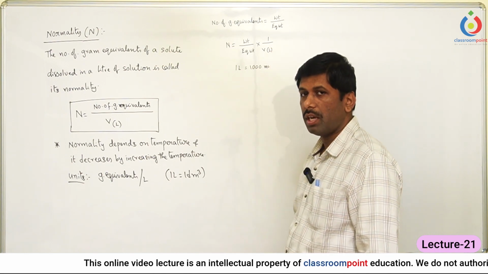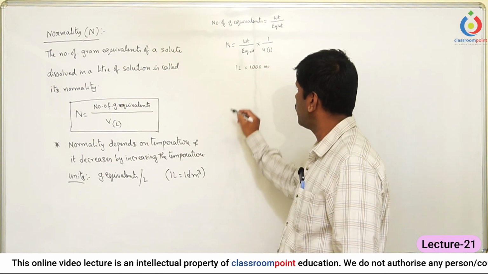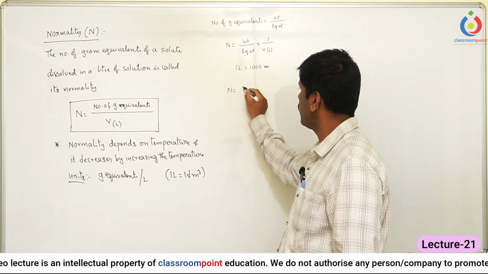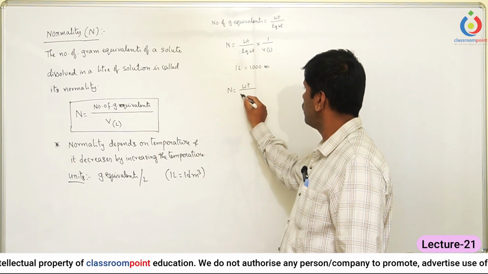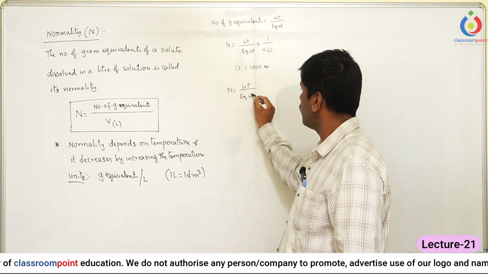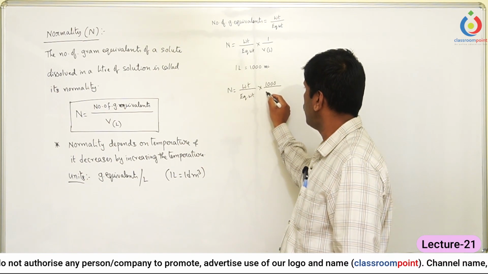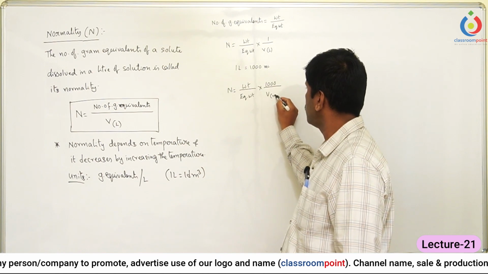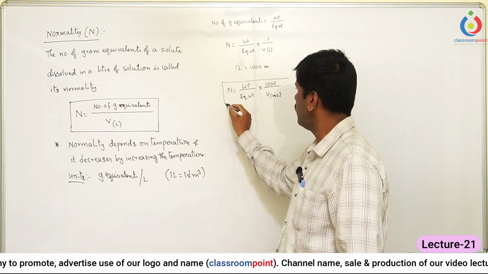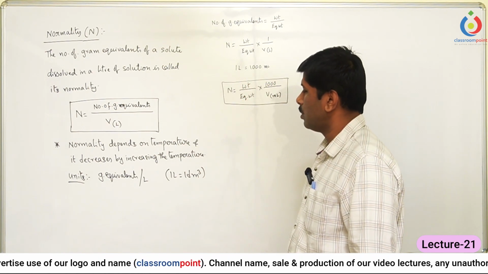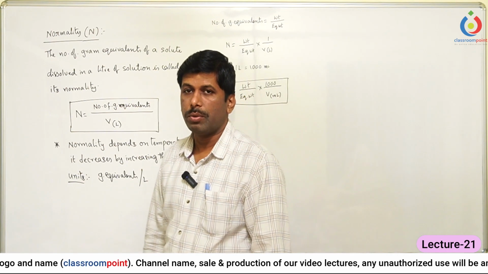So multiply by 1000, and we get normality equals weight divided by equivalent weight into 1000 divided by volume of solution in milliliters. This formula we can use in solving most of the questions.